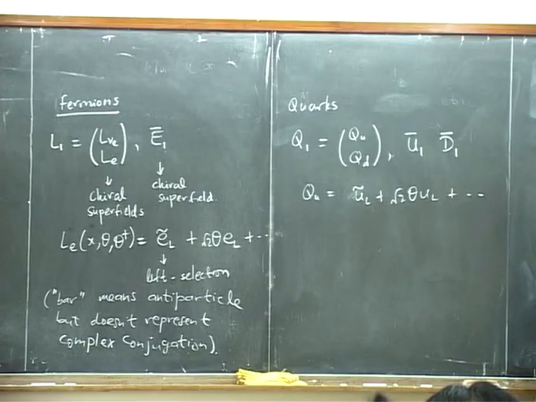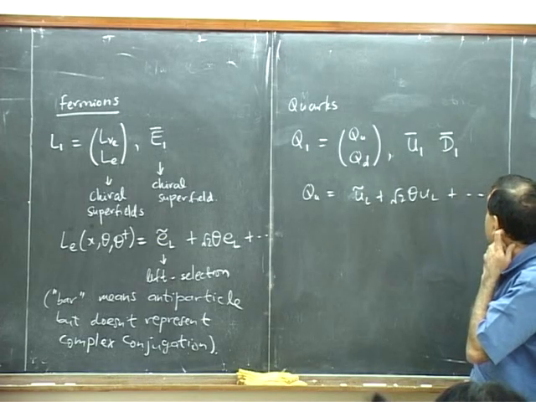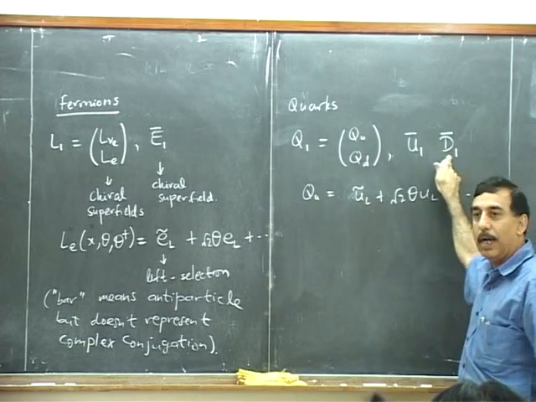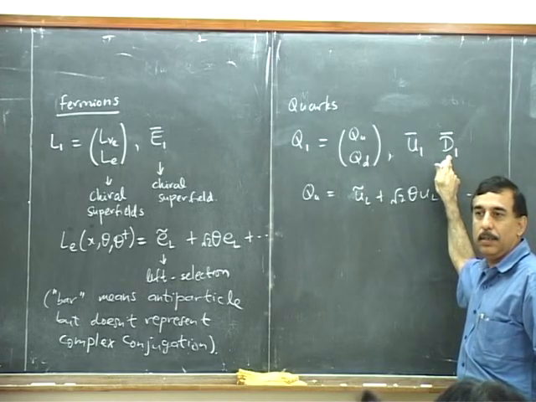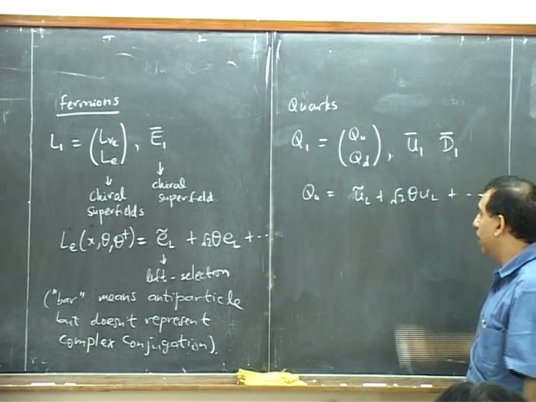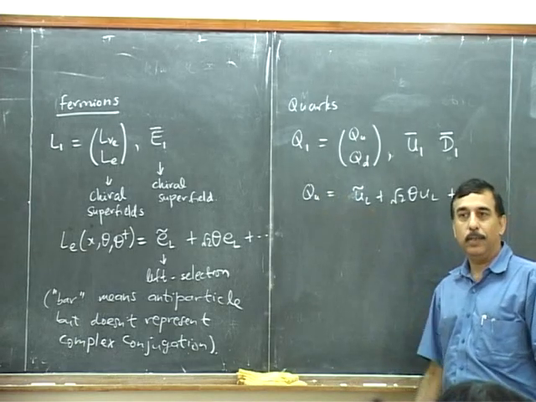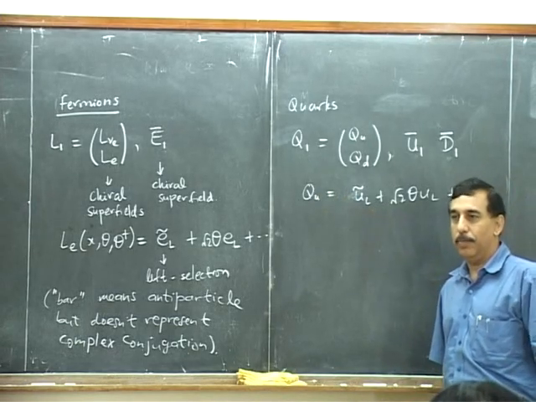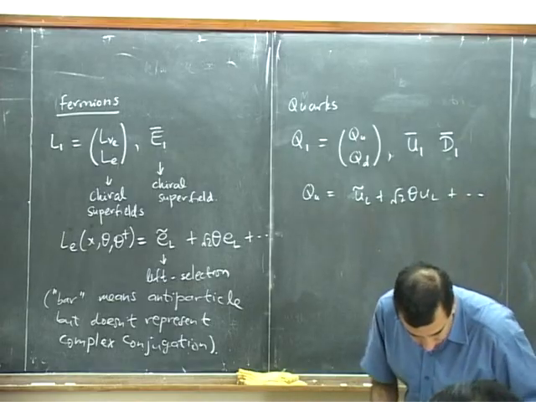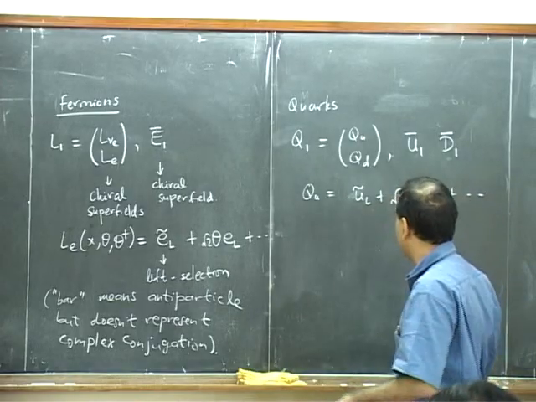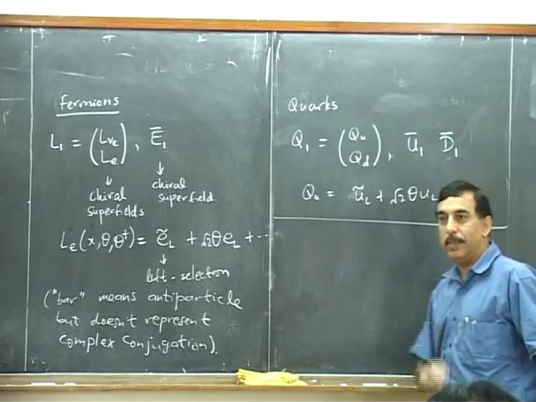Okay, so these represent the up antiquark left-handed and the down antiquark left-handed. Both are necessarily there, and then extending the index 1 to 2 and 3, we get the charm, top and bottom. Okay, so that takes care of all the fermions in the standard model.